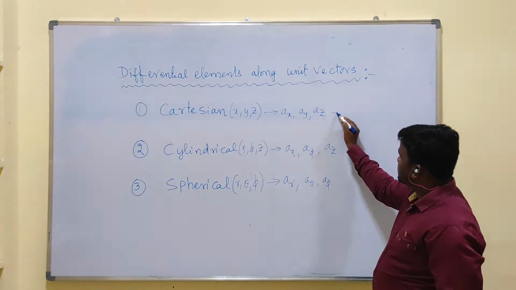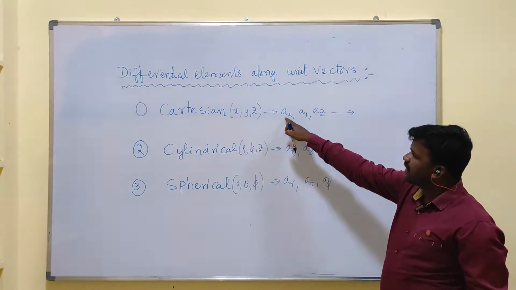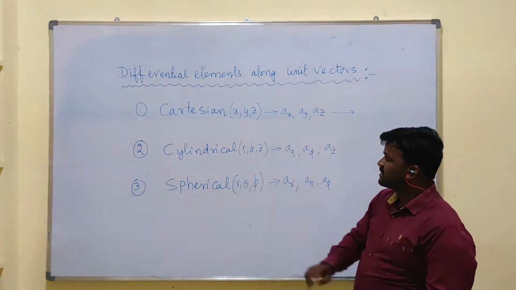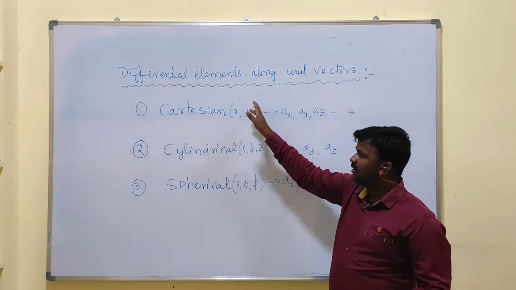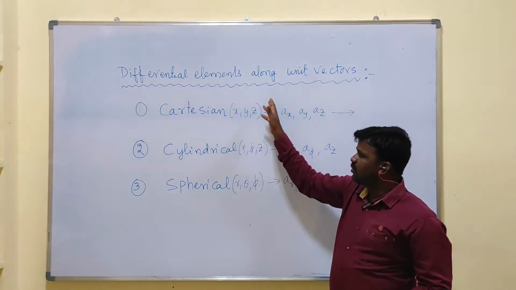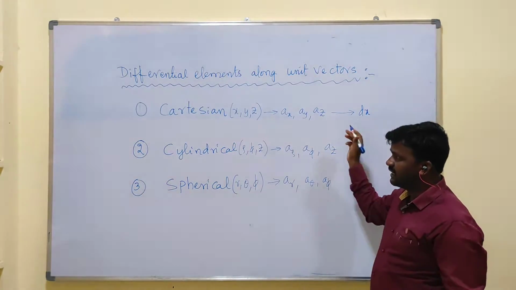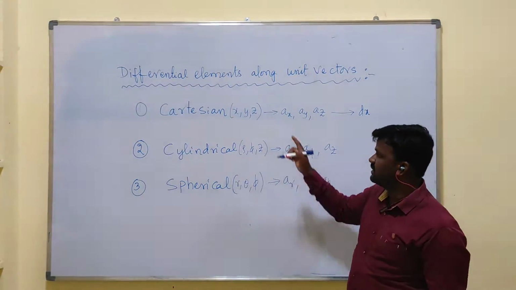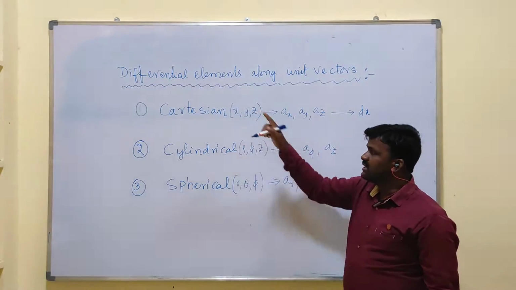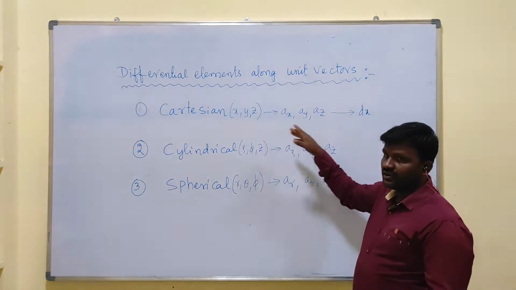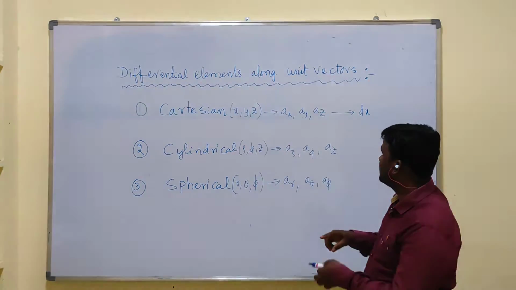Now coming to this, the differential element along x direction means if this x is incremented by a small amount, let us say that is represented by what? dx. dx is the differential element along x direction. If this y is incremented by a small amount dy, then you will get y plus dy.